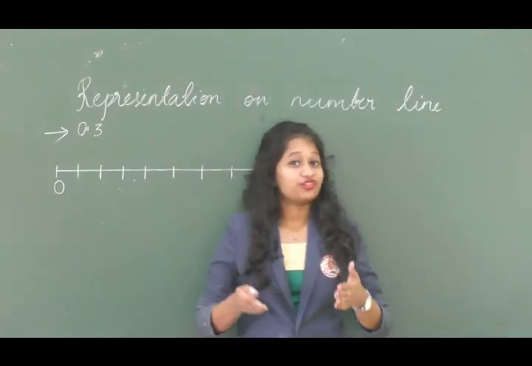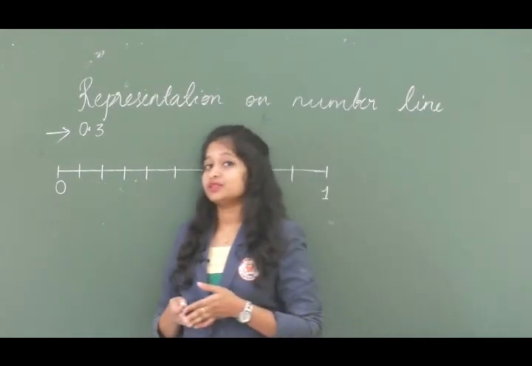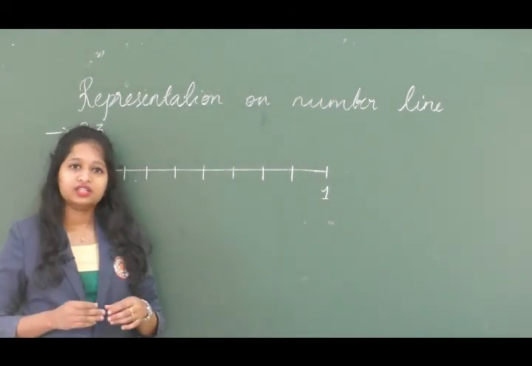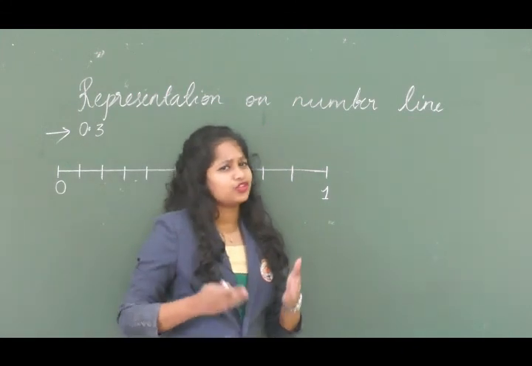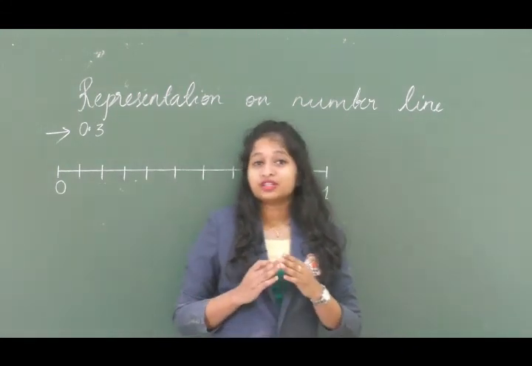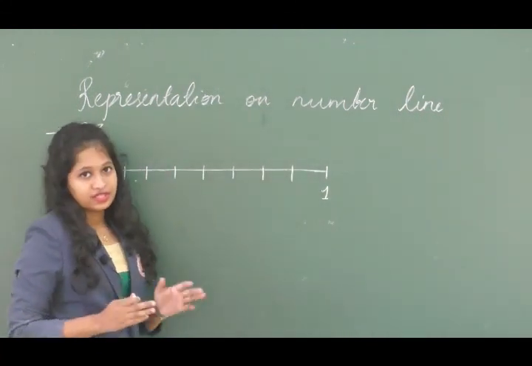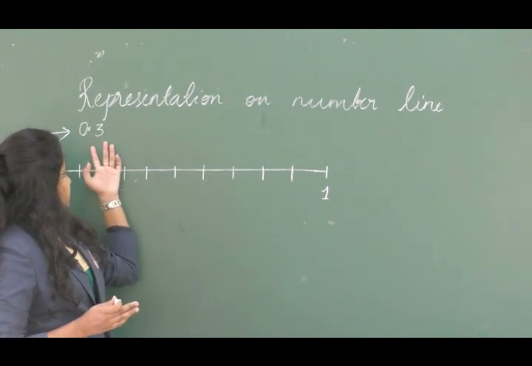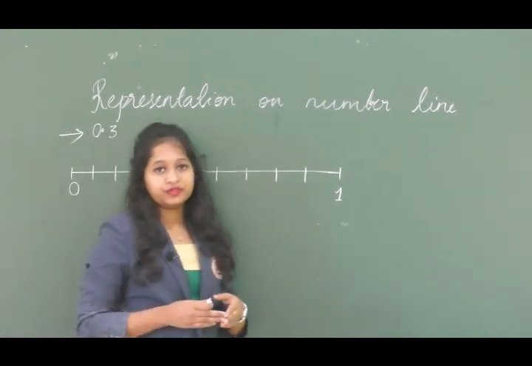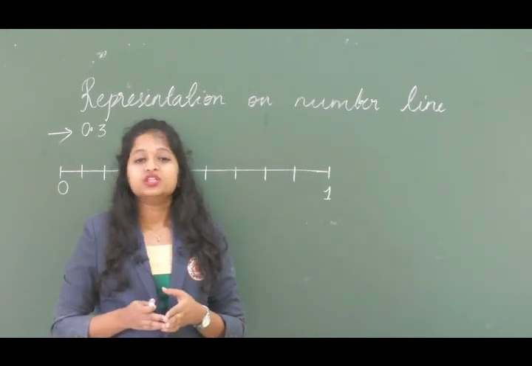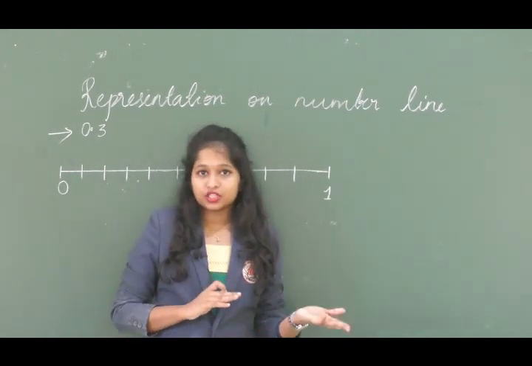Okay? Children, we learned to represent whole numbers, integers and fractions on a number line. How to represent decimals on a number line? To represent decimals, first look at the question. Here it is 0.3. So this is a value or a number which comes in between 0 and 1.